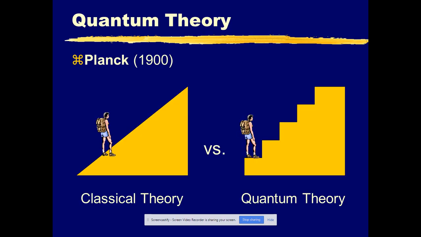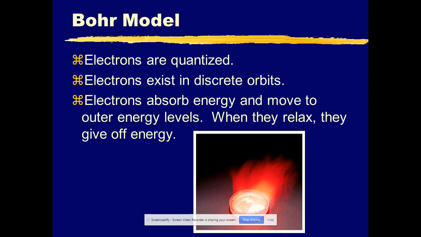And now we can begin our journey into quantum theory. And the main point about quantum theory comes from this word here. And that's the idea that electrons are quantized, that they are only permitted to have particular energies. And so here are the main points of the Bohr model. One, electrons are quantized.